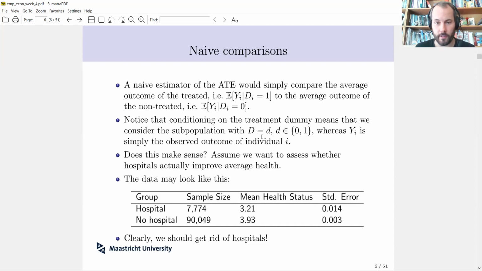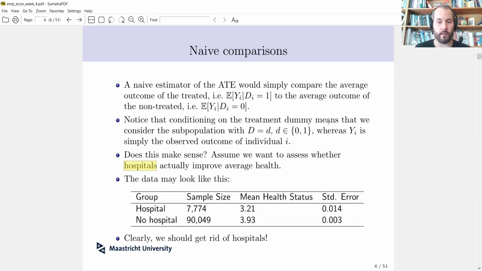This is the remark in the second line. And now the question is, of course, does this naive comparison make sense? Are we actually measuring what we want to measure? Just to give you an example, let's say we want to assess whether hospitals actually improve average health. Are hospitals actually useful?